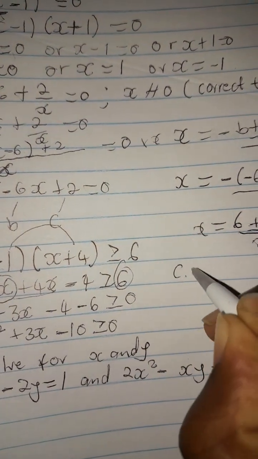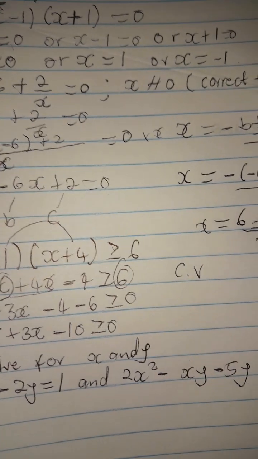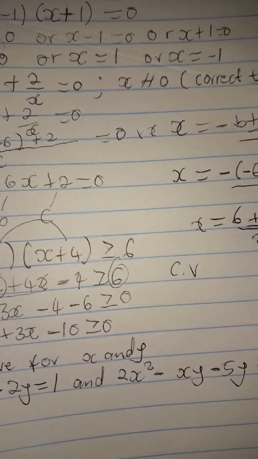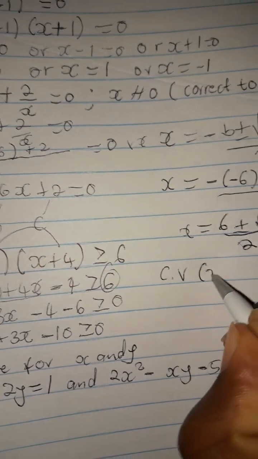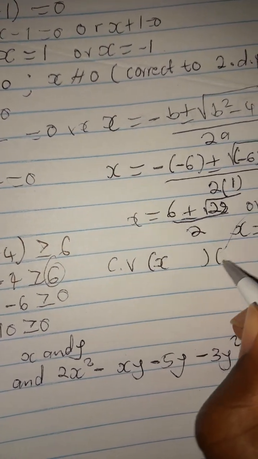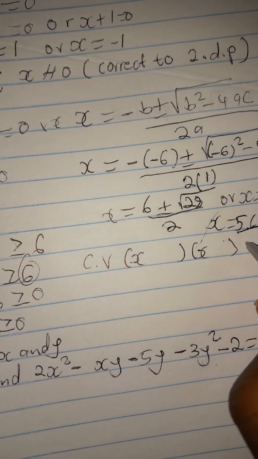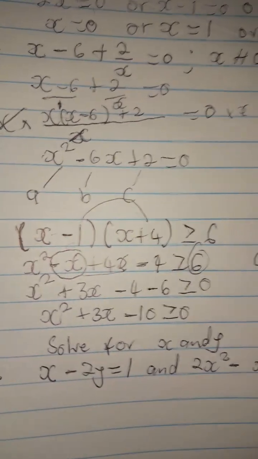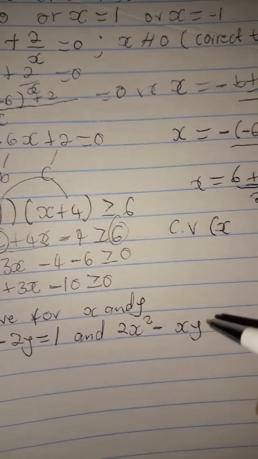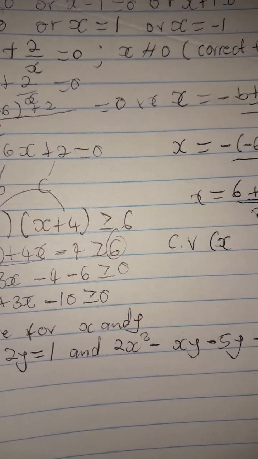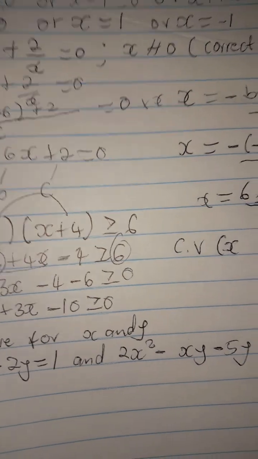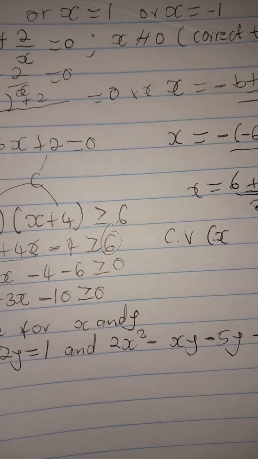So we can find the critical values. Just say x as well as x. Then we can put an equal sign. So the factors of 10, in this case, for us to get 3, it will be 5 minus 2.